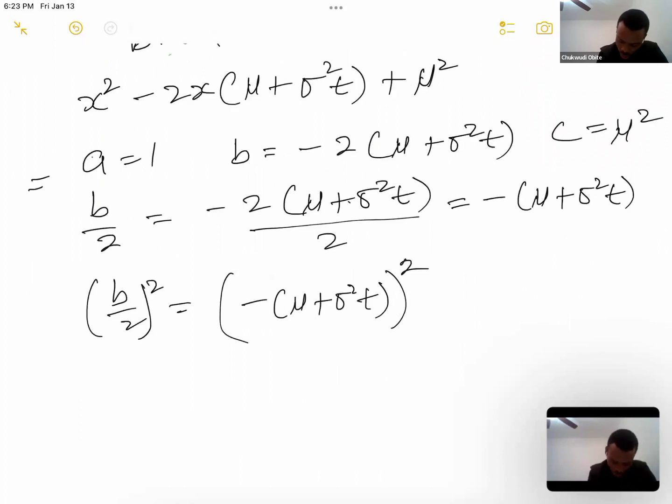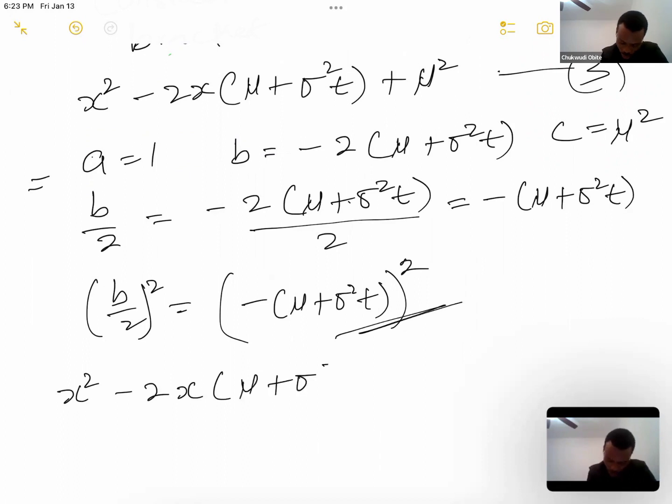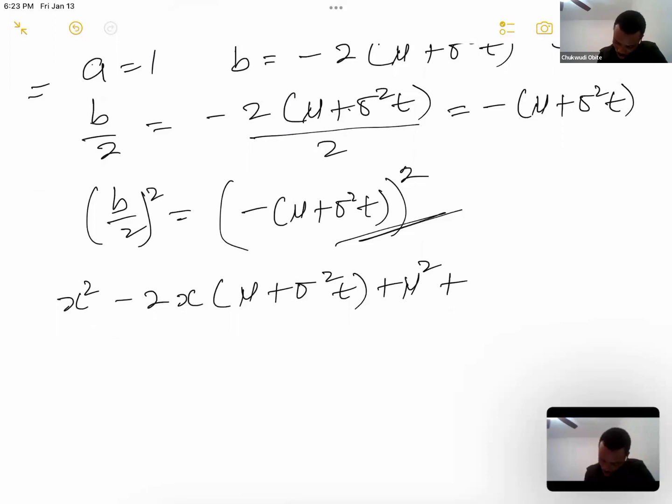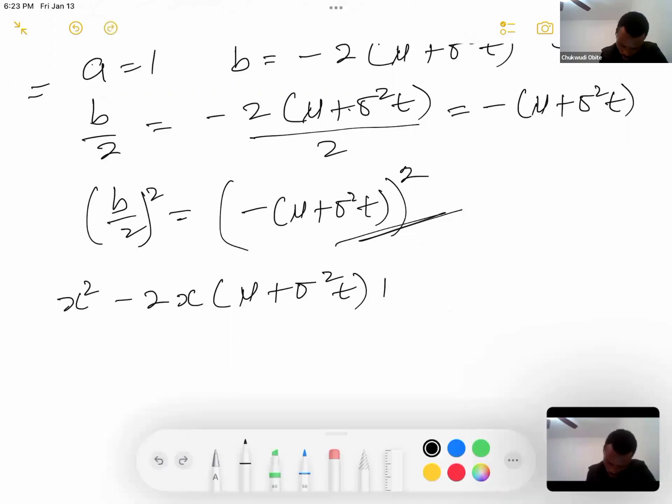So let me call this equation 3. So substitute back to equation 3. I will have x squared minus, so what I will do, remember the technique, you add this factor we have there to your equation that you want to apply completing the square. You add and subtract.